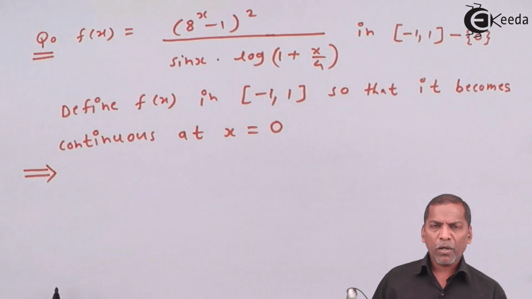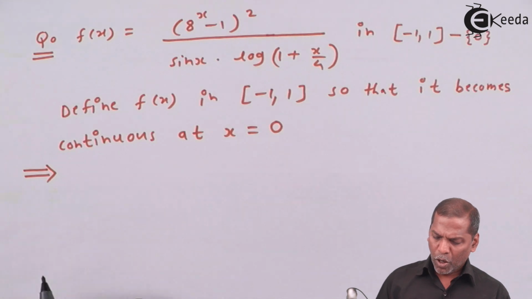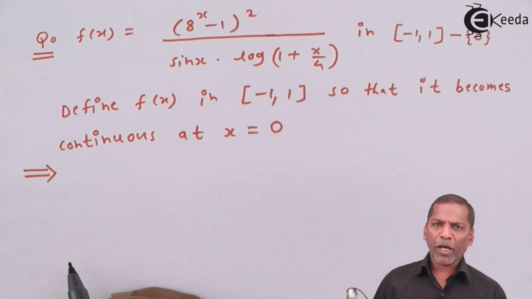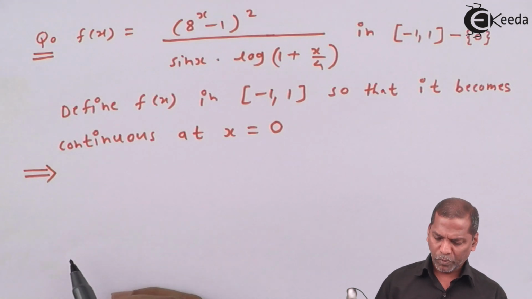So here we have to define the given function f of x at the point x equal to 0 so that the given function f of x becomes continuous.